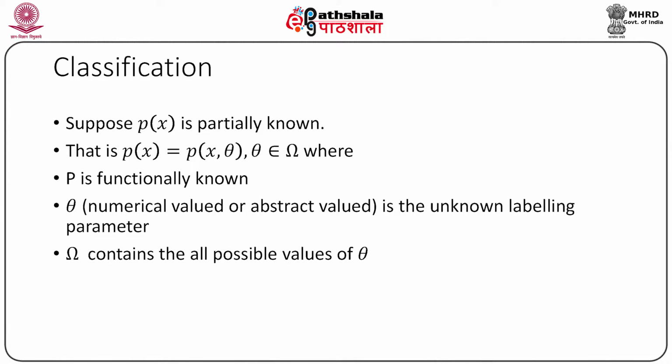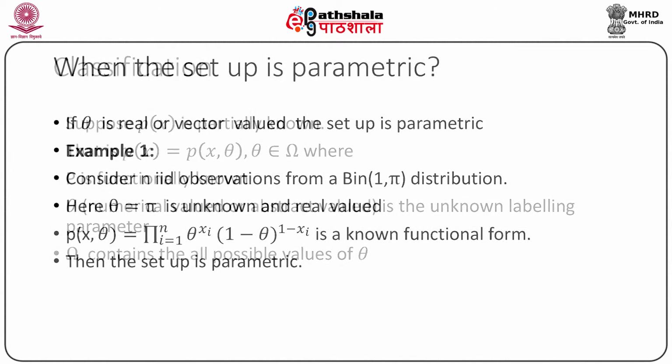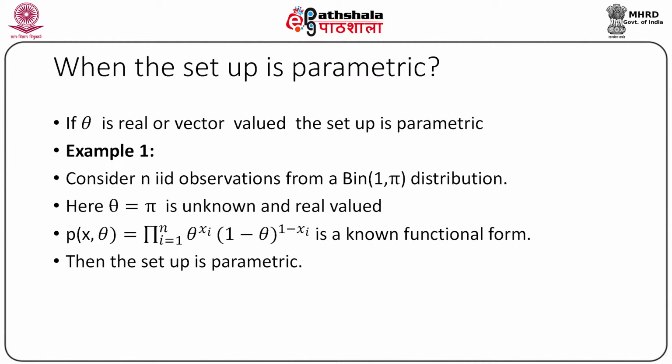Now, theta may be numerical or abstract valued and is often called a labeling parameter. P is functionally known and omega is the set of all possible values of theta. So, if theta is real or vector valued, the setup is parametric.